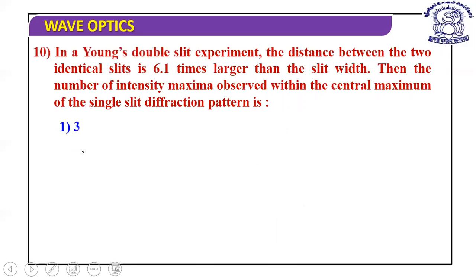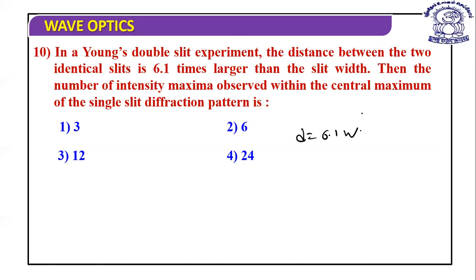Next question. In a Young's double slit experiment, the distance between the two identical slits is 6.1 times larger than the slit width. So d is 6.121 times larger than the slit width.